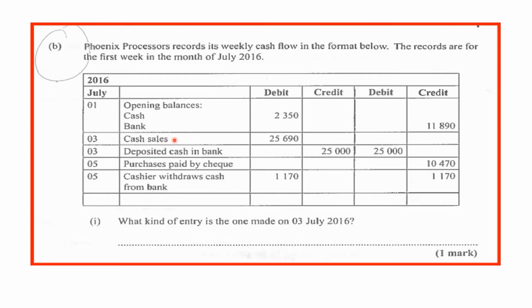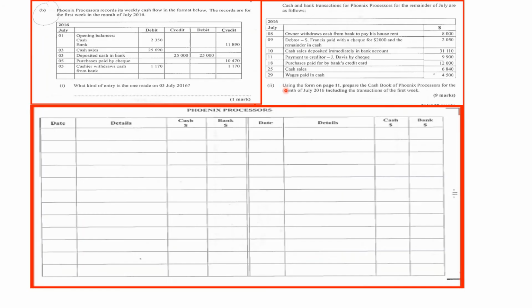On 3rd of July, we have the cash sales of 25,690, and then we have deposited cash in the bank of 25,000. So I think this is the one they're looking at, and that is a contra.